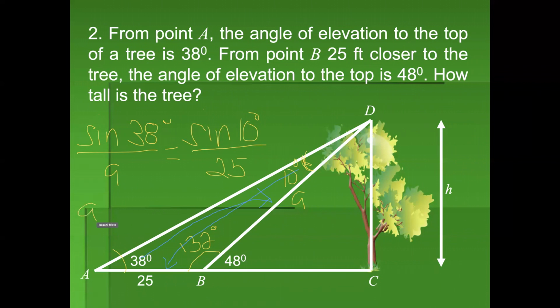So finding the value of A, we'll have, again, 25 sine 38 divided by sine 10. So that side A is approximately 88.64.